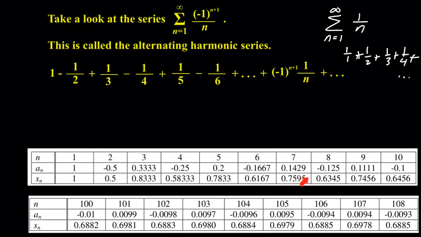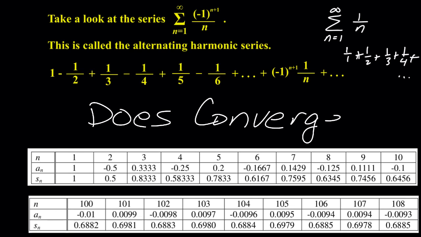So if you look at the sums, they are getting closer and closer to a particular value, which means, yes, an alternating harmonic series does converge. So a harmonic series will converge as long as your signs are alternating. If the signs do not alternate, then your harmonic series does not converge.